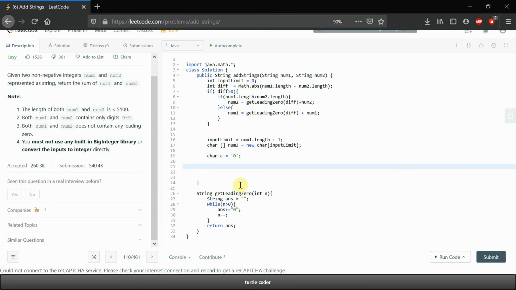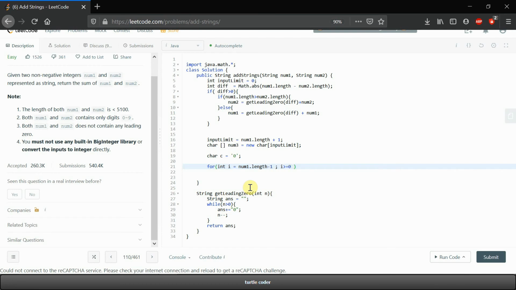Now we have to start a for loop, int i equals num.length. So int i equals num.length minus 1, and i should be greater than or equal to 0. That sounds nice.